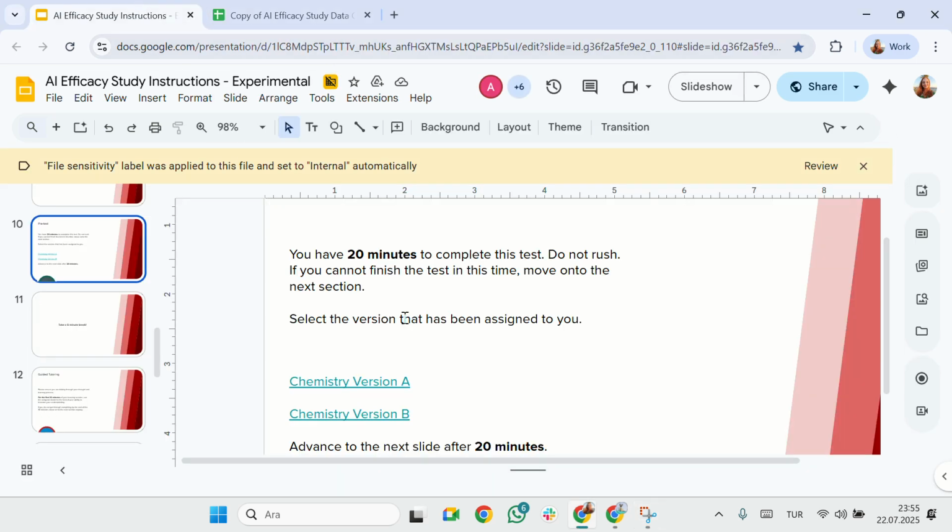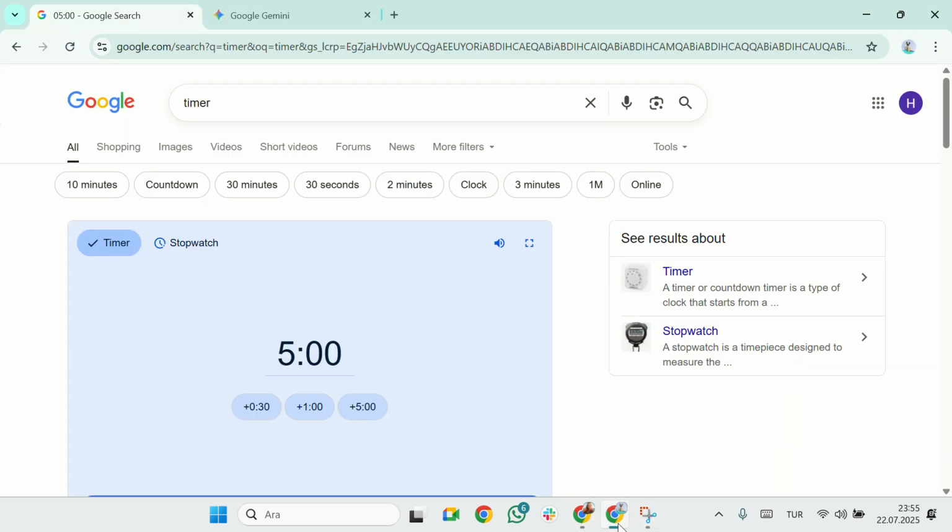Okay, so yeah, Gemini is here. I will set my time in this timer.